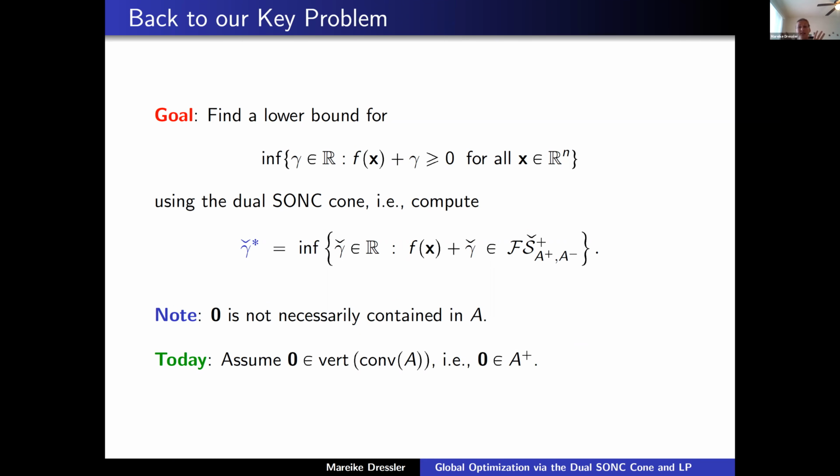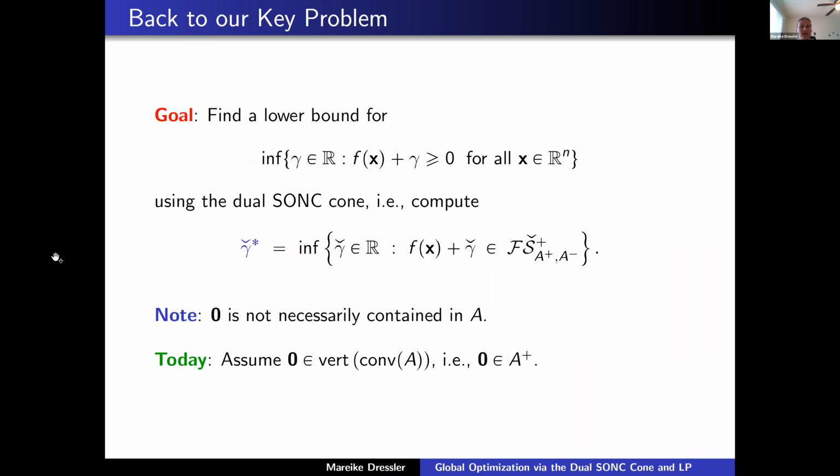But to really make things easier here, we assume that 0 is in the vertices of the convex hull. And this means that 0 is contained in the support, and even more, it is contained in A plus. And this means that our signomial under consideration has a constant positive term.